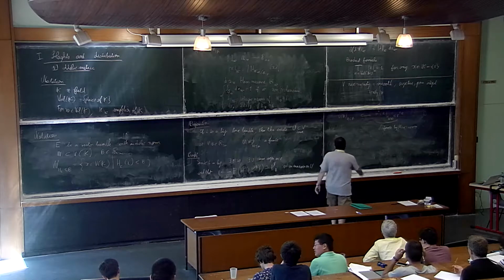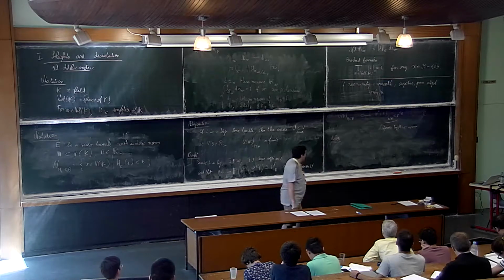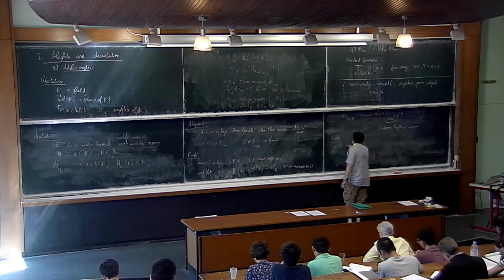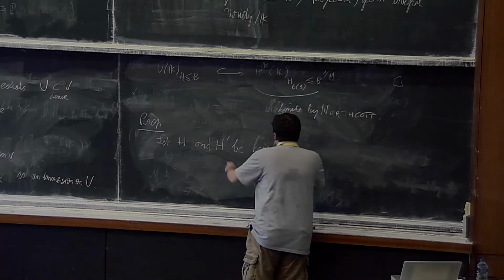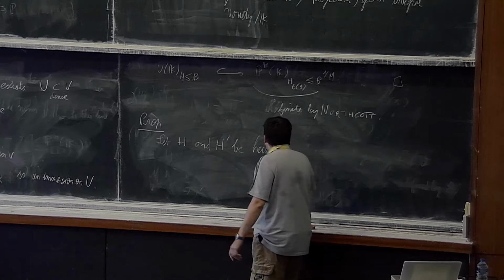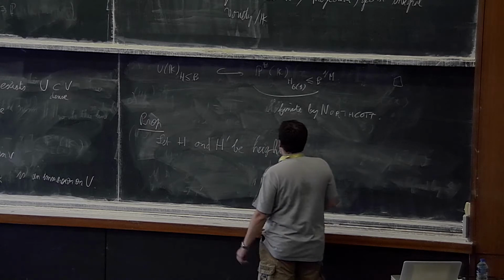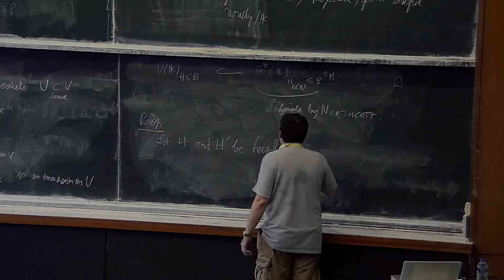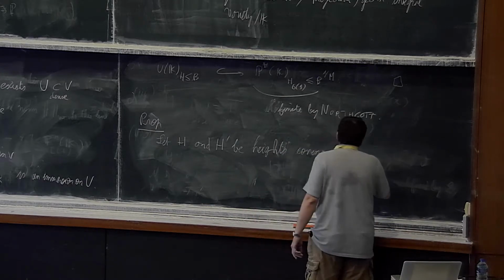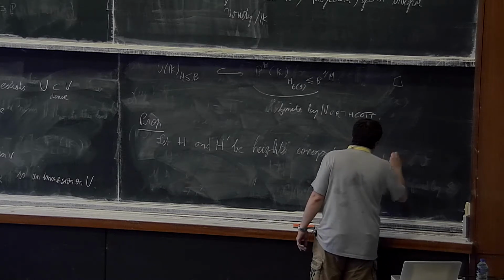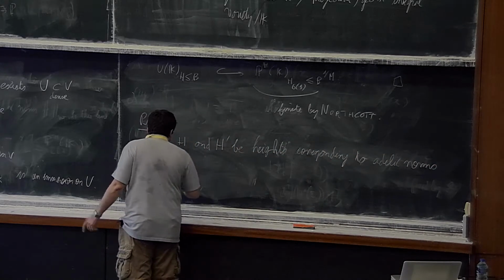So the point is that if you choose two adelic norms, it doesn't change too much. So let H and H' be heights. I'm using capitals, uppercase H, for exponential heights. So let H and H' be heights corresponding to different adelic norms on the same line bundle.